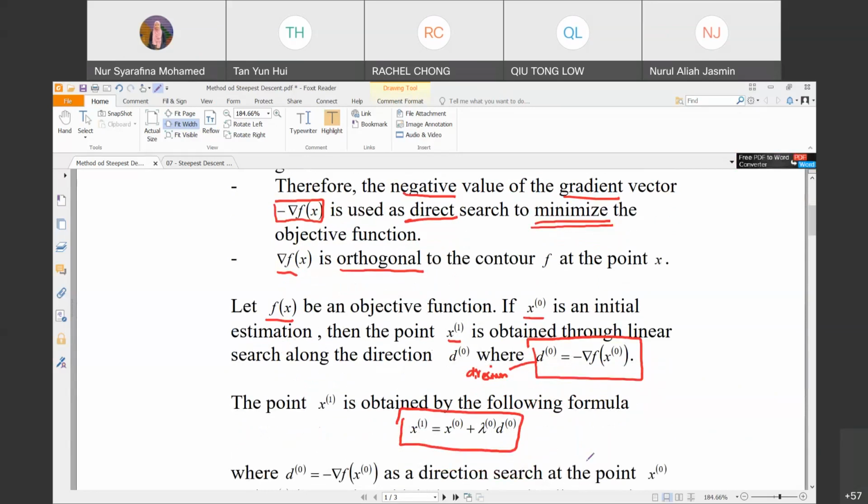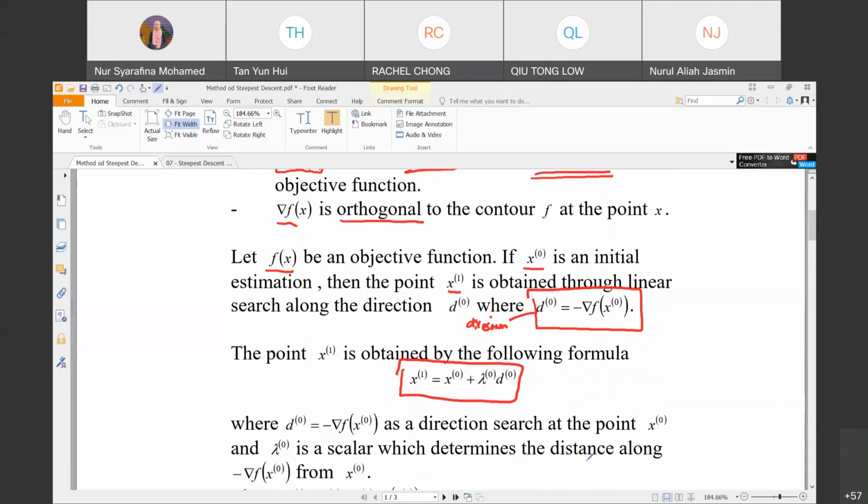This is the iterative formula, x1 equals x0 plus lambda naught d0. You know that d0 is your search direction, the negative gradient at the point x0, and lambda naught is a scalar, a constant which determines the distance along negative del f(x0) from x1.